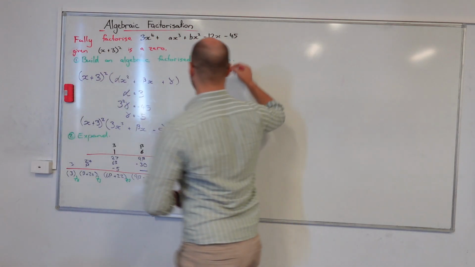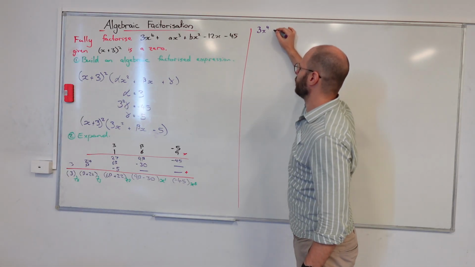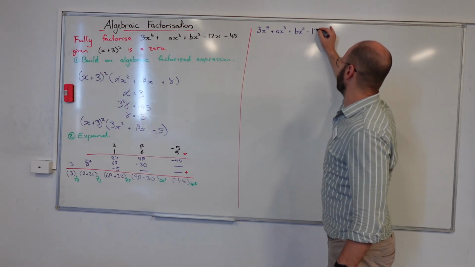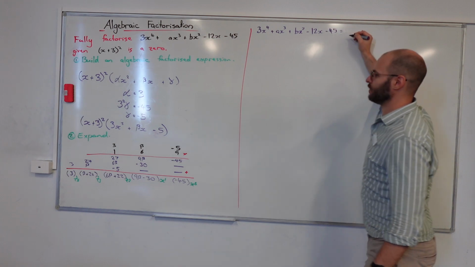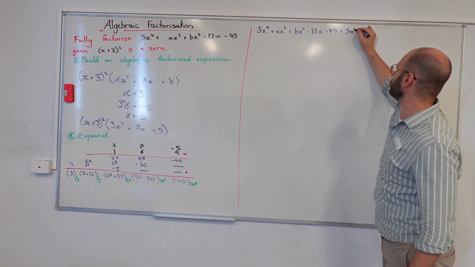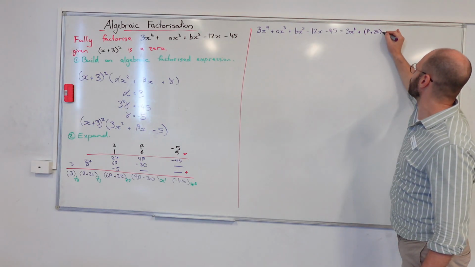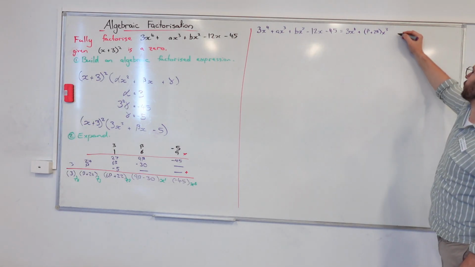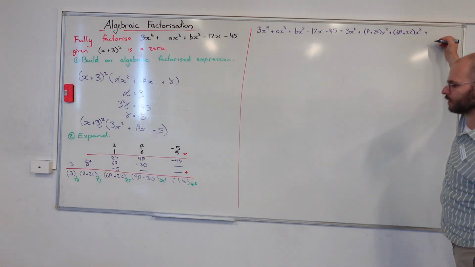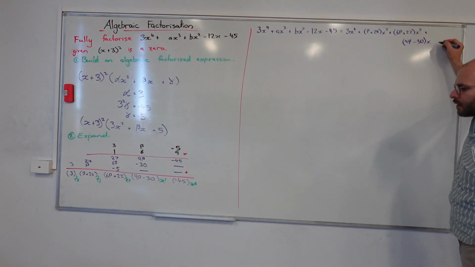So, writing this out with what we have, our expression 3x to the 4 plus ax cubed plus bx squared minus 12x minus 45 is equal to 3x to the 4, that's what we knew, beta plus 24, plus 6 beta plus 22, plus 9 beta, take 30, minus 45.